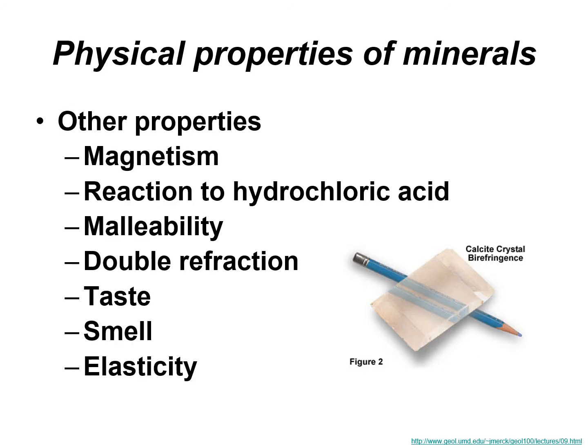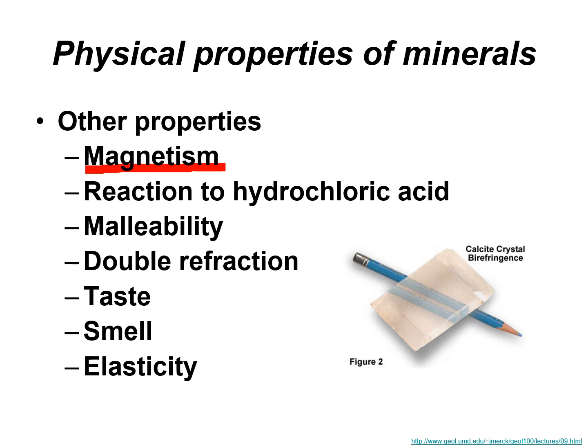And then there's a few properties that are more handy for a small handful of minerals. Now, a great example is magnetism. If you have a mineral that is magnetic or has a high enough iron content, it will stick to a magnet. That really narrows down what you're looking at.